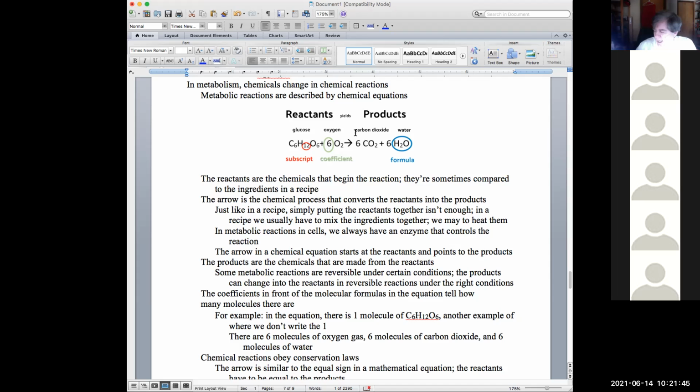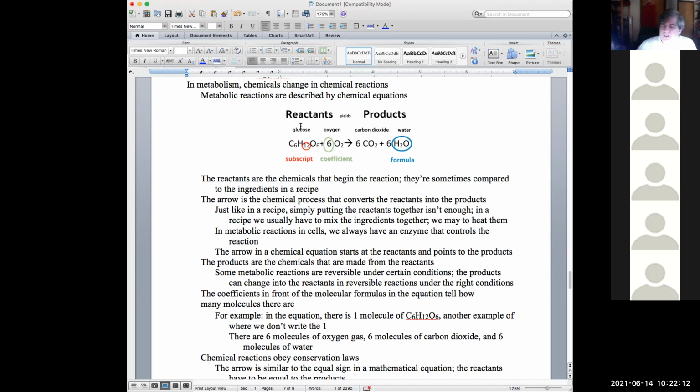If you look at a human cell, it does about 10,000 different metabolic reactions, and there are about 10,000 different proteins. Pretty much one protein, one enzyme for every reaction. And most enzymes are very specific, so they only work with one reaction.